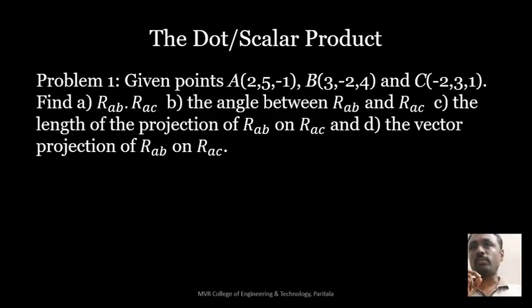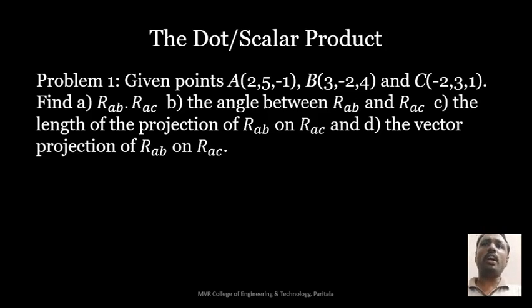That means in the X direction 2 is the component, in the Y direction 5 is the component, and minus 1 is the component in the Z direction. So small RA bar can be written as 2 AX bar plus 5 AY bar minus AZ bar. In a similar way, RB bar is 3 AX bar minus 2 AY bar plus 4 AZ bar. Similarly, RC is minus 2 AX bar plus 3 AY bar plus AZ bar.